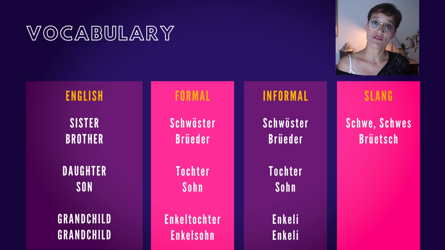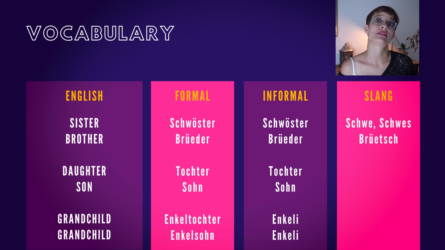So then maybe you have a daughter or a son. Daughter would be Tochter, then son is Sohn. It's quite similar to English, isn't it? Daughter, Tochter, son, Sohn. Tochter, Sohn in Swiss German.